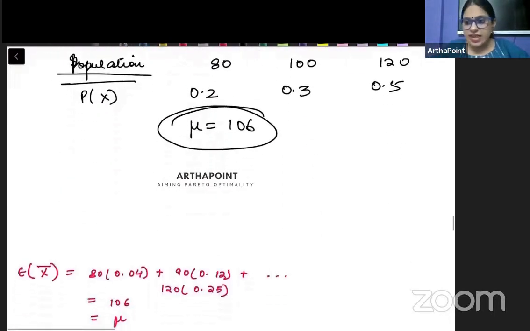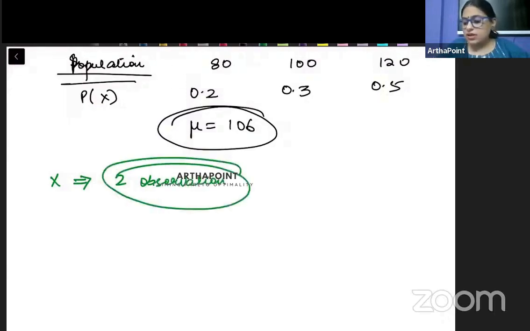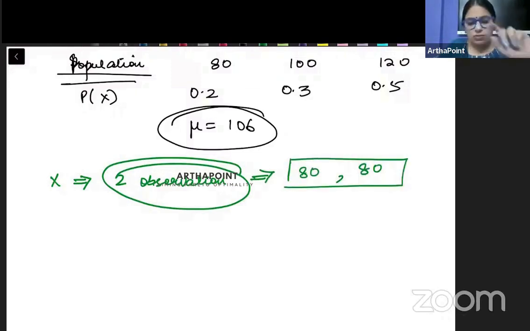Then we started making sample. So when we went ahead and we made the sample, जब हमने इसमें से sample बनाया, तो sample could have had any two observation. तो ऐसा हो सकता था कि इस सैंपल में दोनों ही जो भी whatever memory card we are talking about, उनका जो स्पेस है वो 80 GB वाला था.